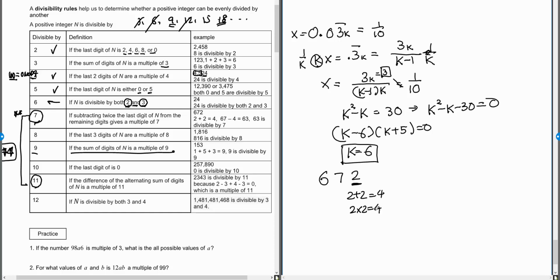When you get this number, take it off the rest of the digits first. 67 minus 4 is what? 63, isn't it? This number 63 is divisible by 7, so that is divisible by 7. Okay?